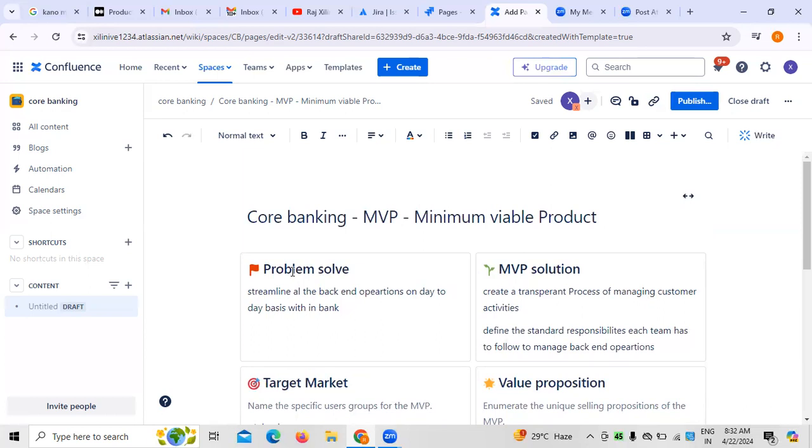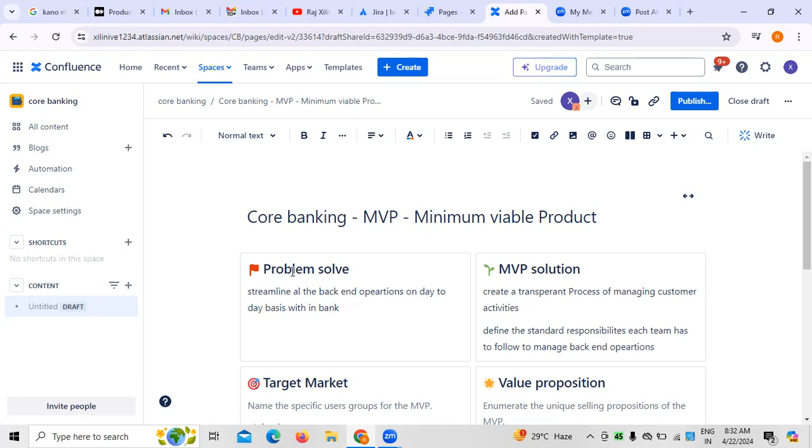When we are working on agile projects, especially for the team, whether in the role of a product owner, a scrum master or a scrum team, understanding the minimum viable product is important, and it has to be defined so that whatever is required for the customer can be reached by us effectively.